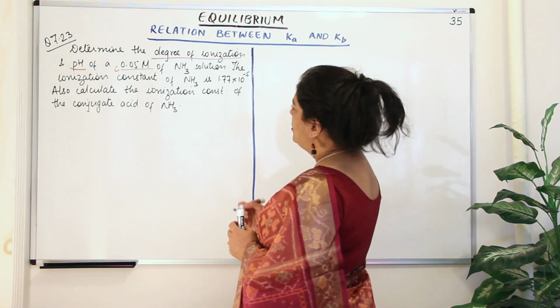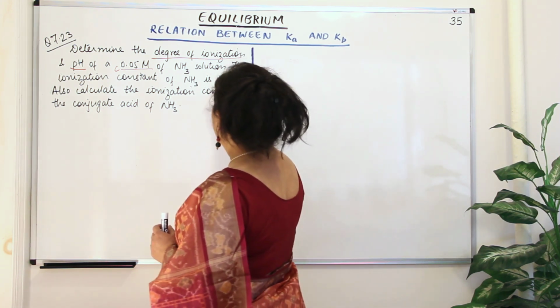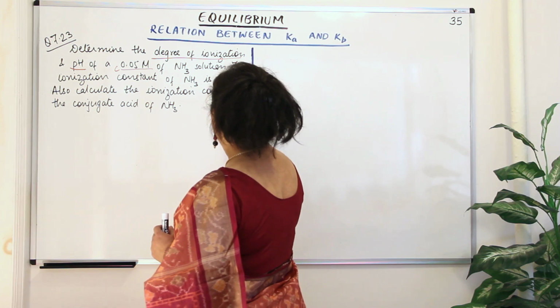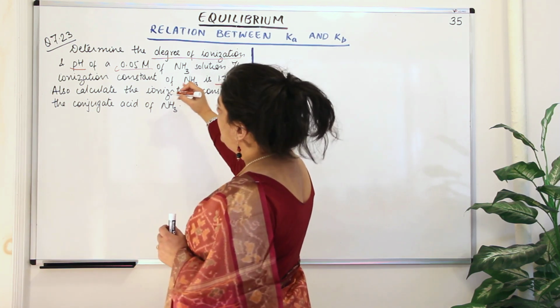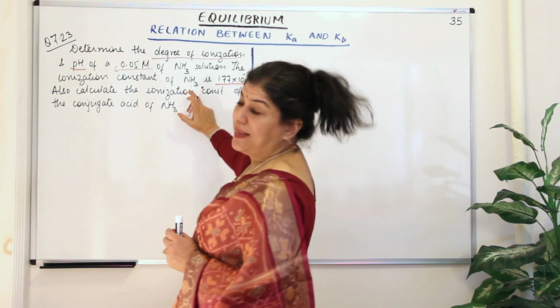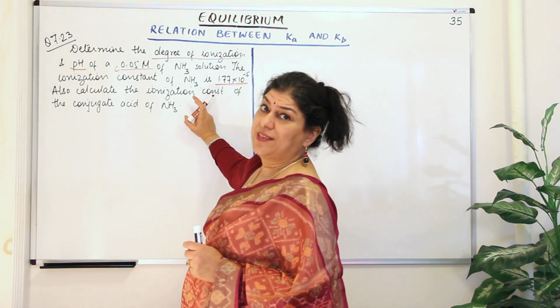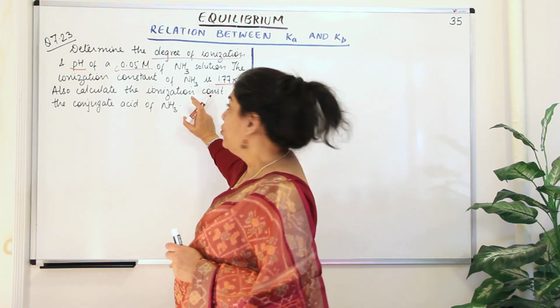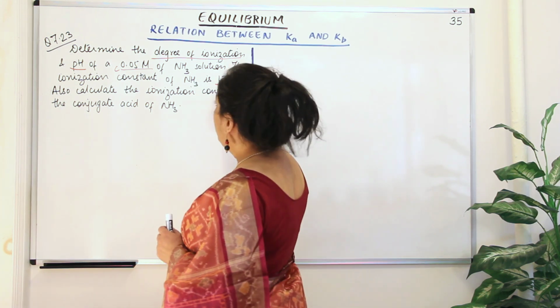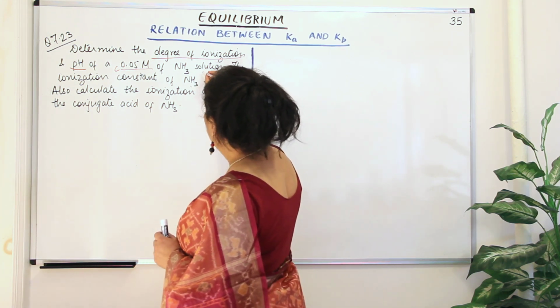The ionization constant of ammonia is 1.77 into 10 to the power minus 5. Ammonia is a base because it gains a proton and results in the formation of ammonium ion. Therefore, this ionization constant would be Kb.